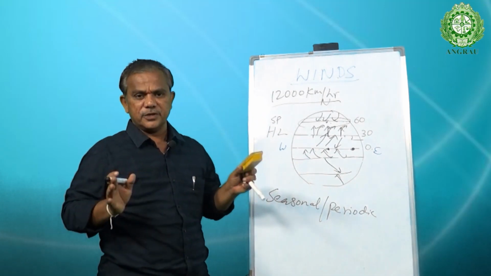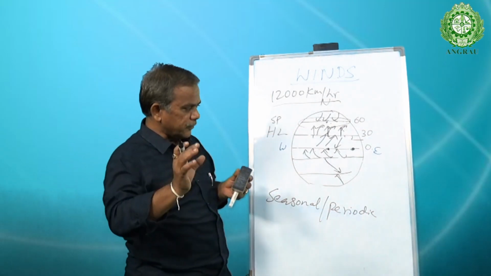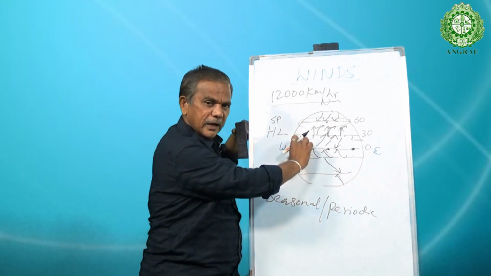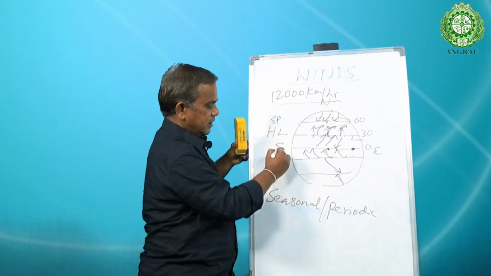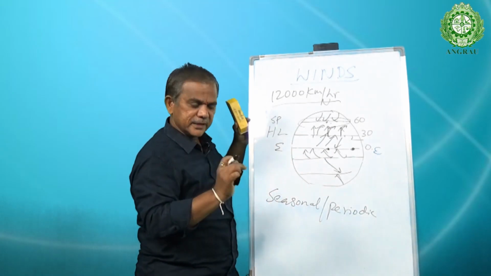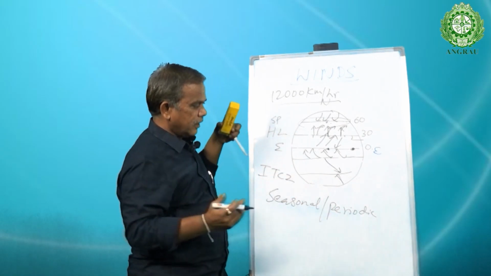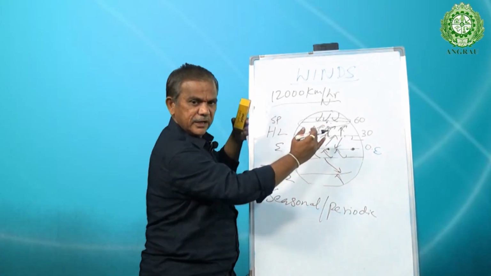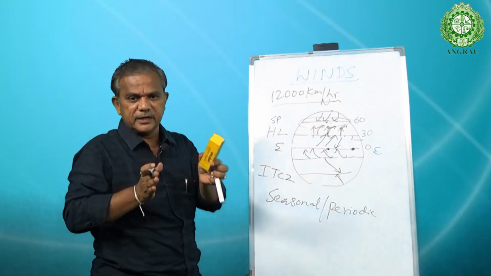So there will always be a convergent section. We can understand this better when we understand the concept of the intertropical convergent zone. The region of the equator we call the intertropical convergent zone, because the winds from the southern hemisphere and the winds from the northern hemisphere start to meet at the equator.